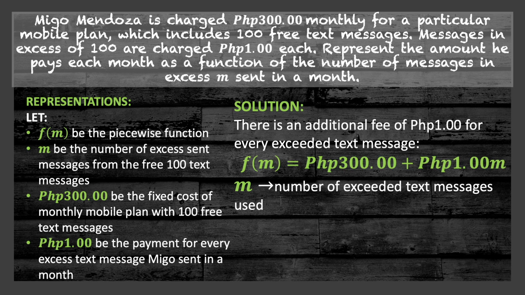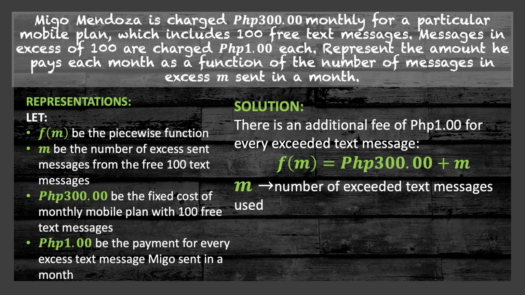Therefore, we will have f of m equals 300 pesos plus 1 peso multiplied by m, or simply m.